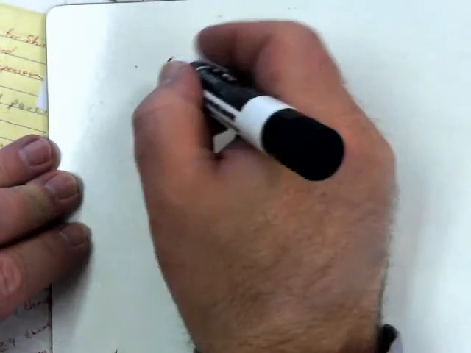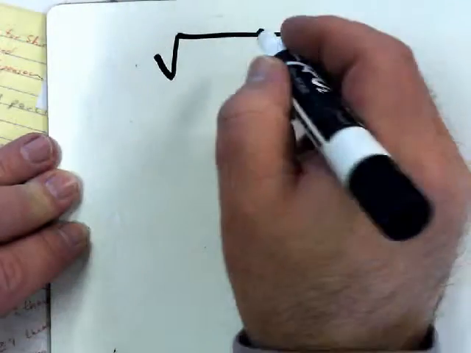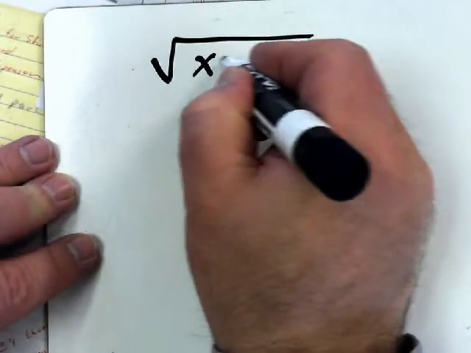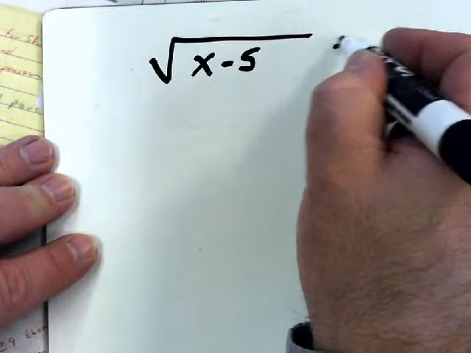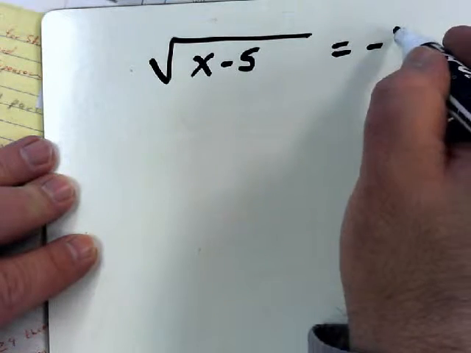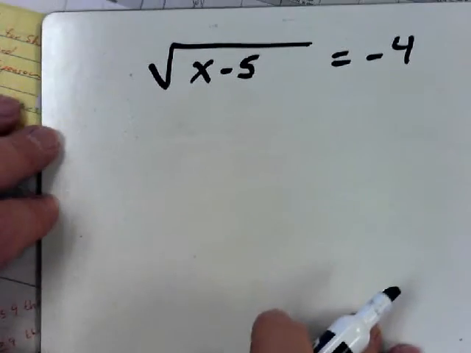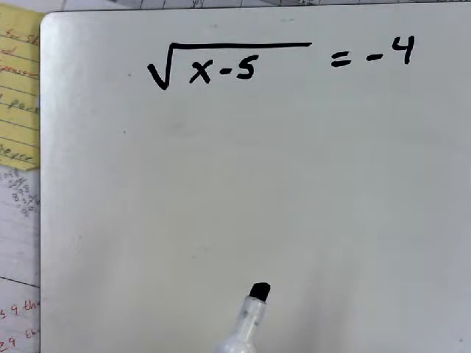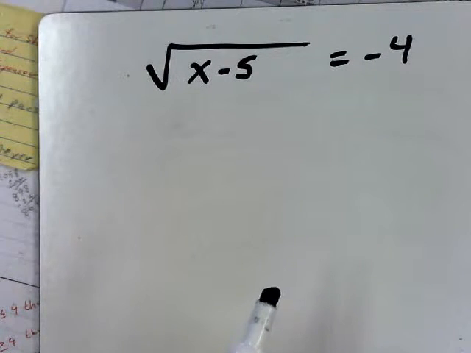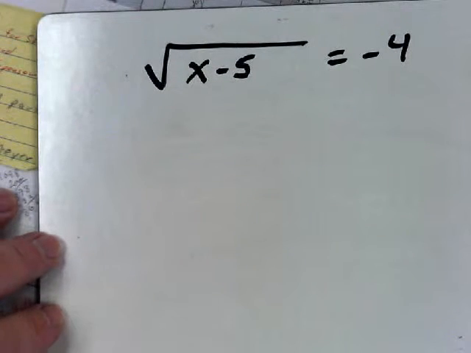Okay? So let's take this problem. The square root of x minus 5 equals a negative 4. What was the first step? Have to take the radical by itself.